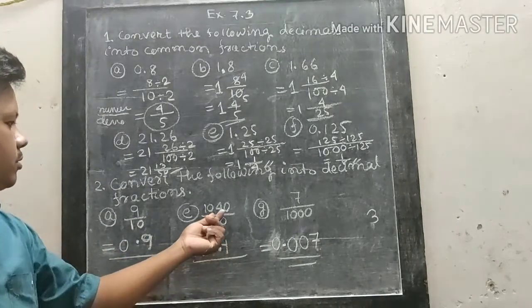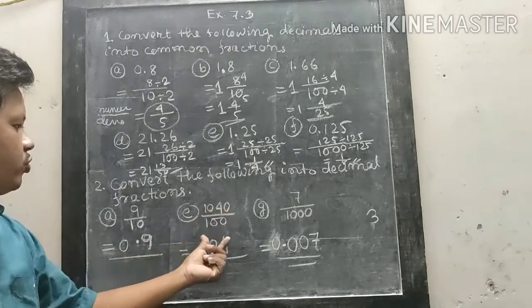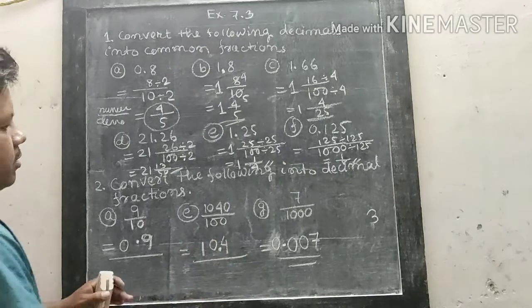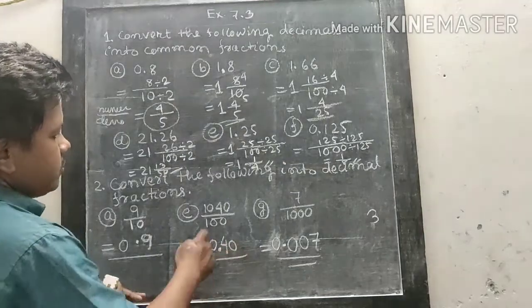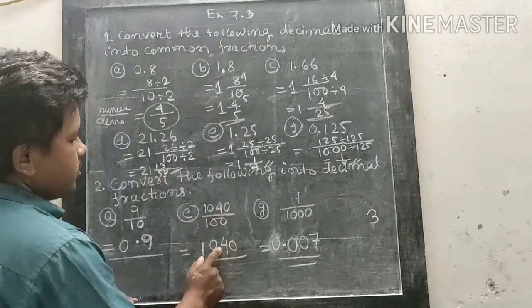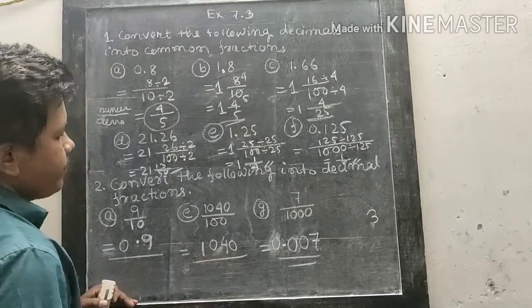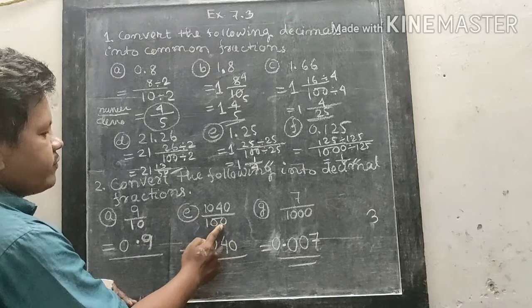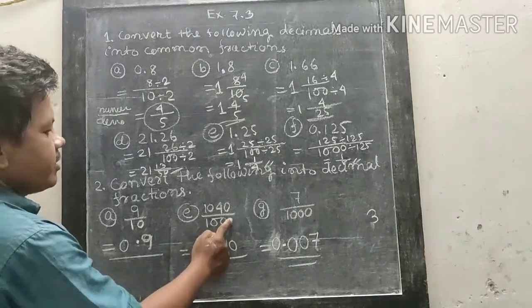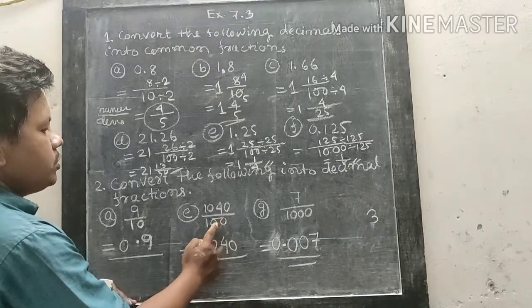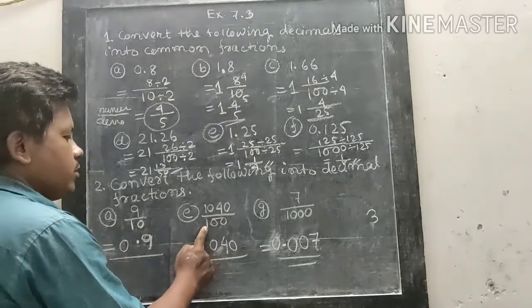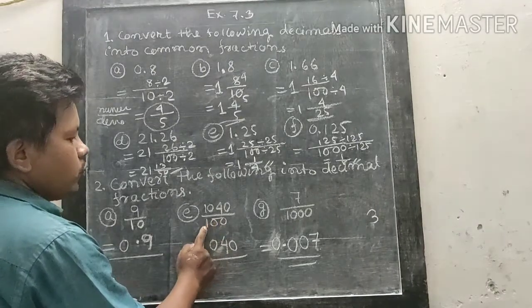I repeat, we first write the numerator. Here we have 1040, the numerator is 1040. Now the denominator is 100, that is 1 with 00.